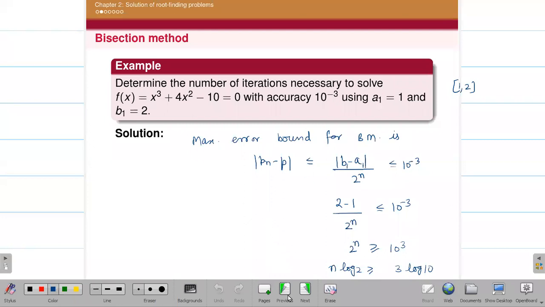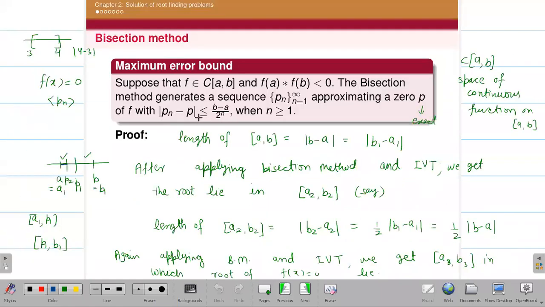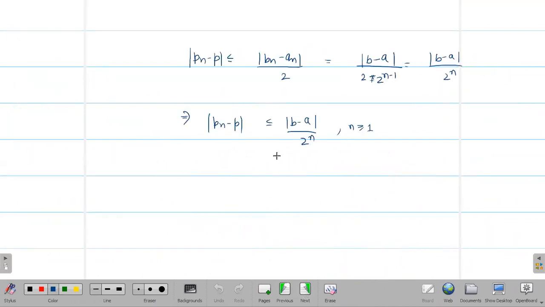You also have to remember this formula: pn minus p is less than or equal to (b minus a) by 2 raised to power n. Some books have written this formula and some books write this formula also. If I take log on both sides, in your MATLAB file this formula is given in terms of log.